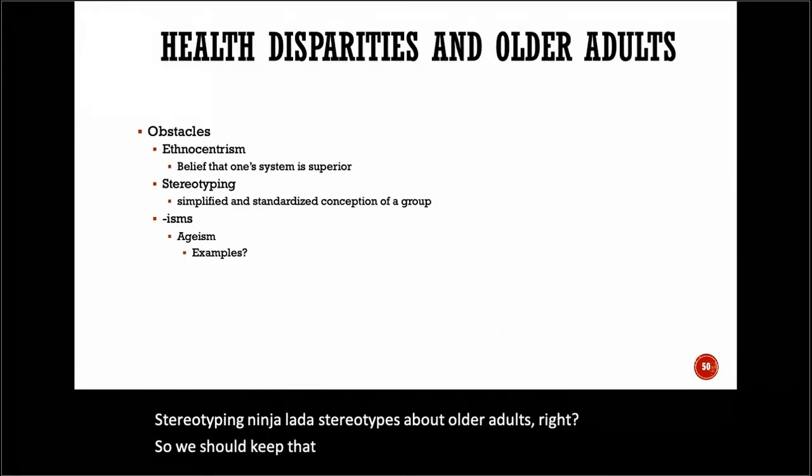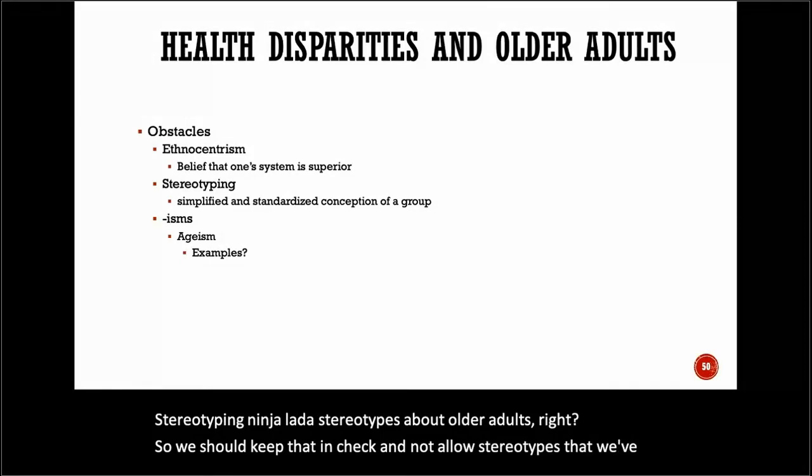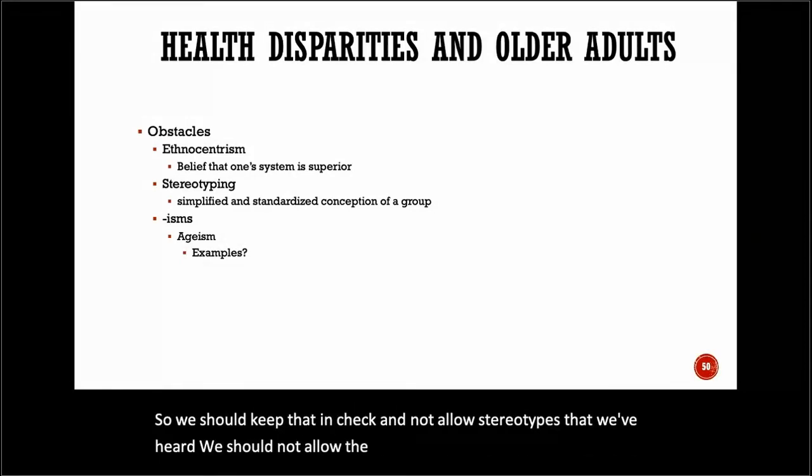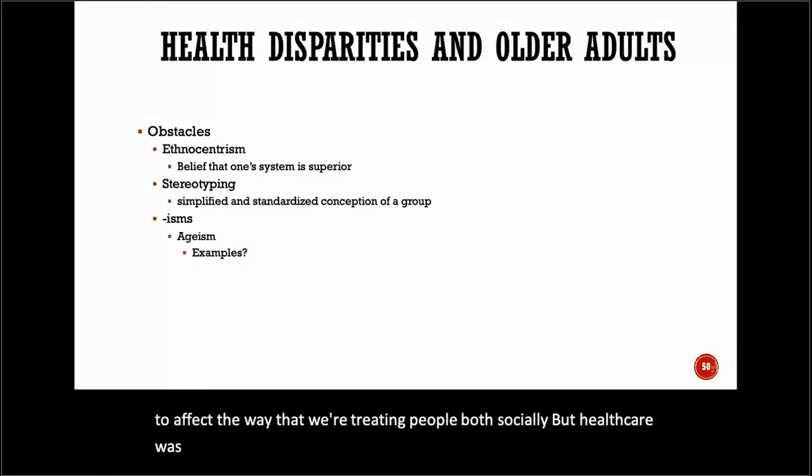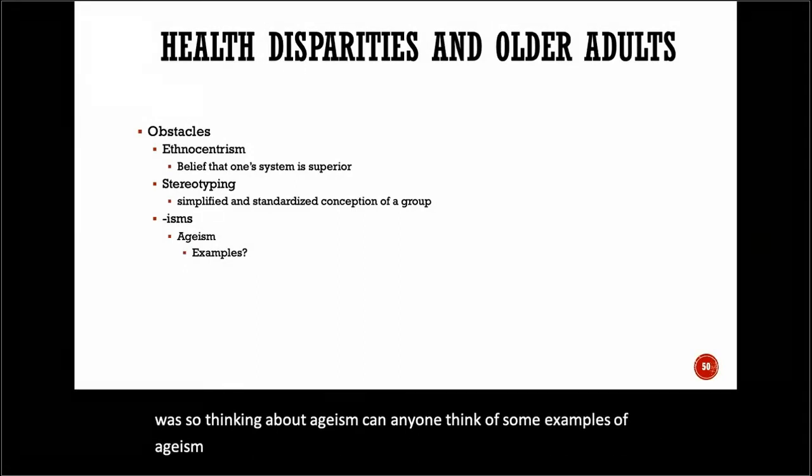We should not allow the stereotypes or those unconscious biases to affect the way that we are treating people, both socially and healthcare-wise. So thinking about ageism, can anyone think of some examples of ageism or stereotypes about older adults?